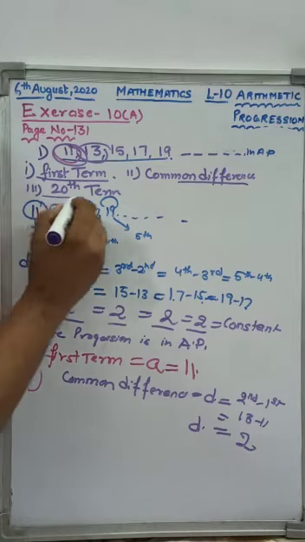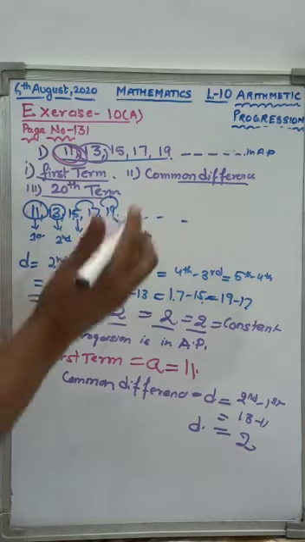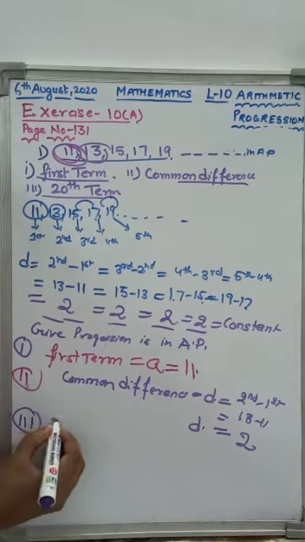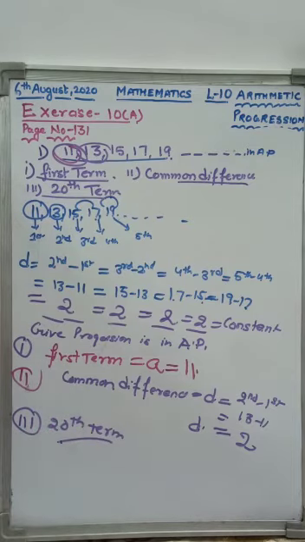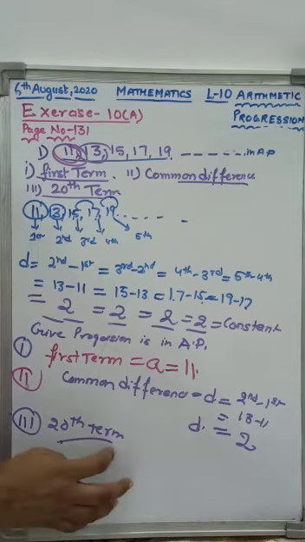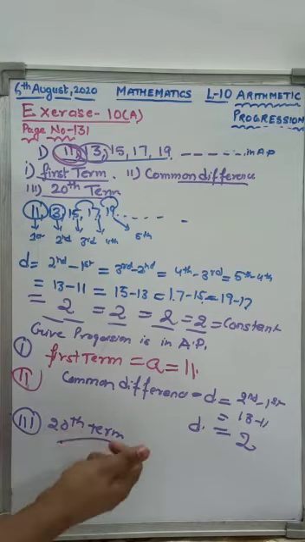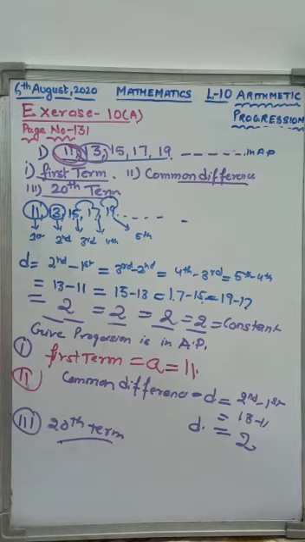Now in the third part we have to find the 20th term. Now understand the meaning; I am telling you in Hindi so that it sits in your mind. 20th term means which will be the 20th number. So what is the formula?